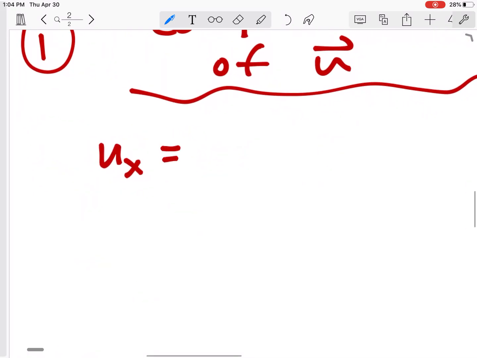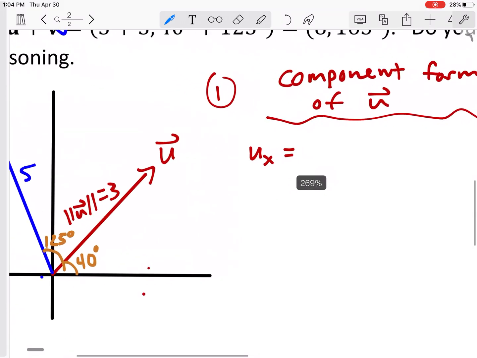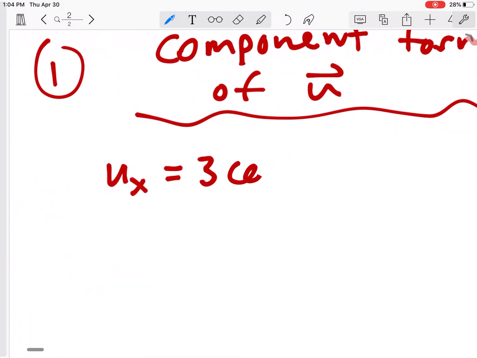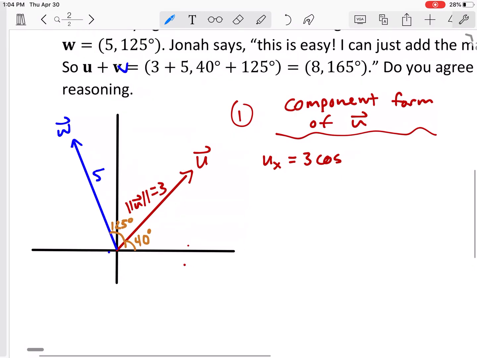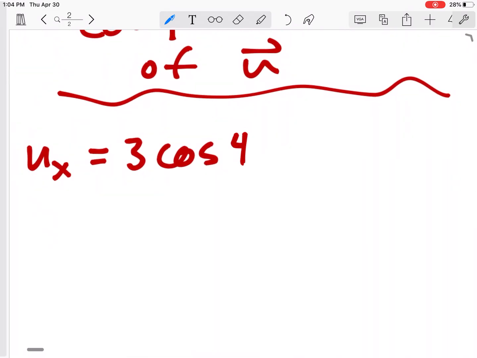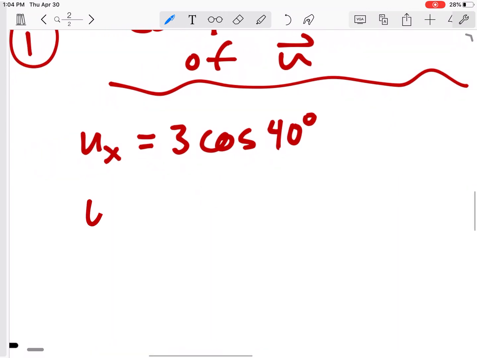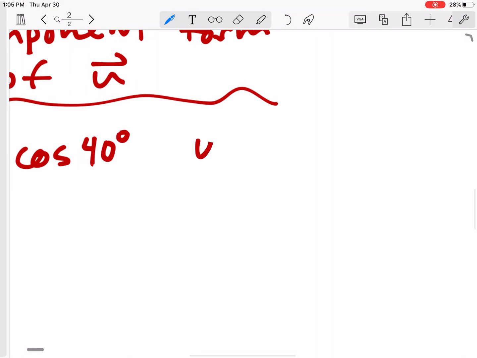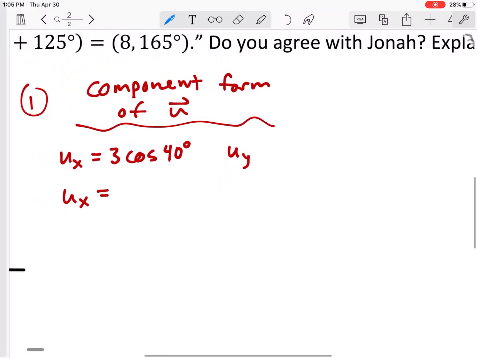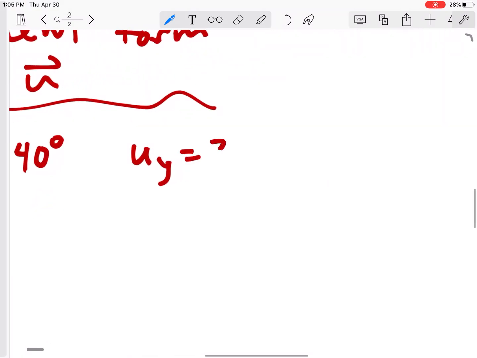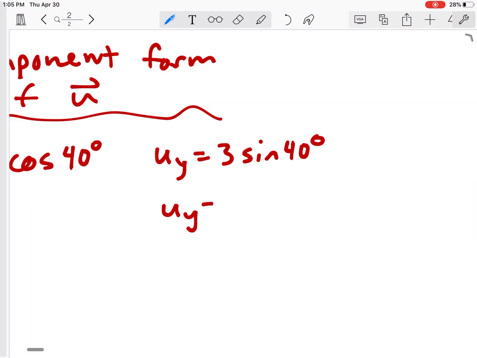The horizontal component would be the magnitude, which is 3, times cosine of, well, its angle is 40 degrees. And we can use Desmos to figure that out. Its vertical component, though, will be equal to the magnitude 3 times sine of 40 degrees. And we'll use Desmos to figure that out.